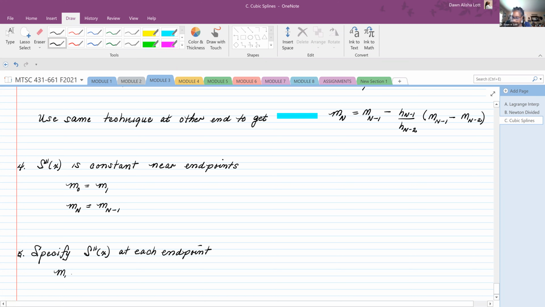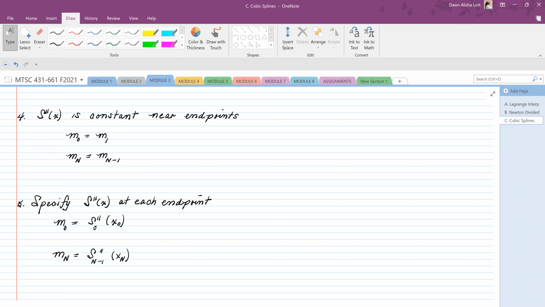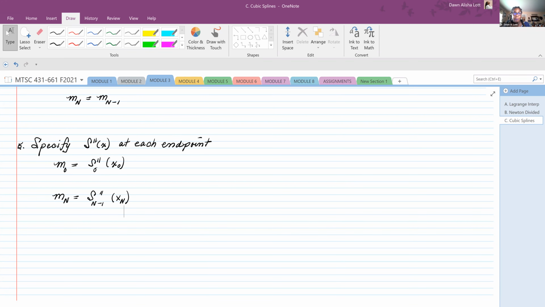So M naught would be S naught double prime at X naught, and M n would be S n minus 1 double prime at X n. Okay. Any questions?